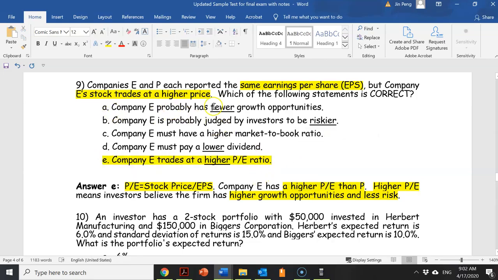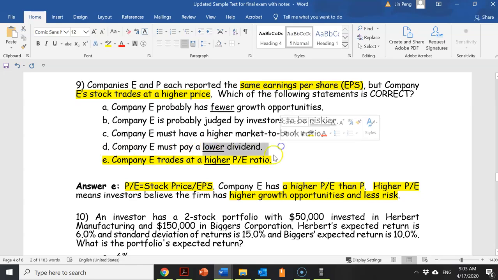Option A is not correct because E should have higher growth opportunities with this higher P/E ratio. Option B is not correct because Company E should be less risky with this high P/E ratio. Option C is not correct. We don't know the market to book ratio. Option D is not correct.